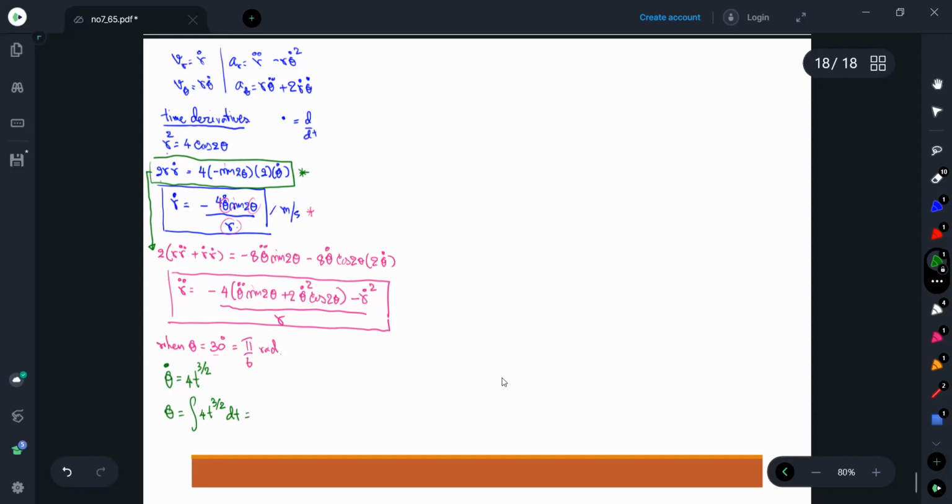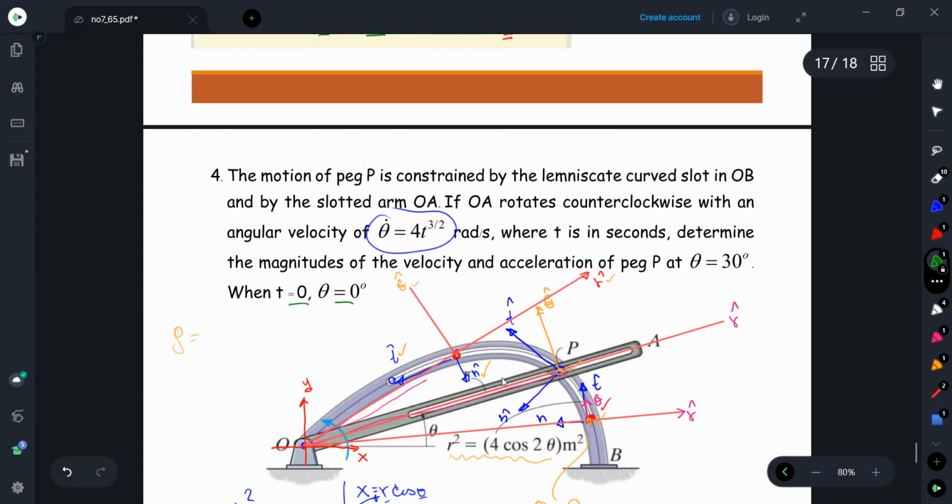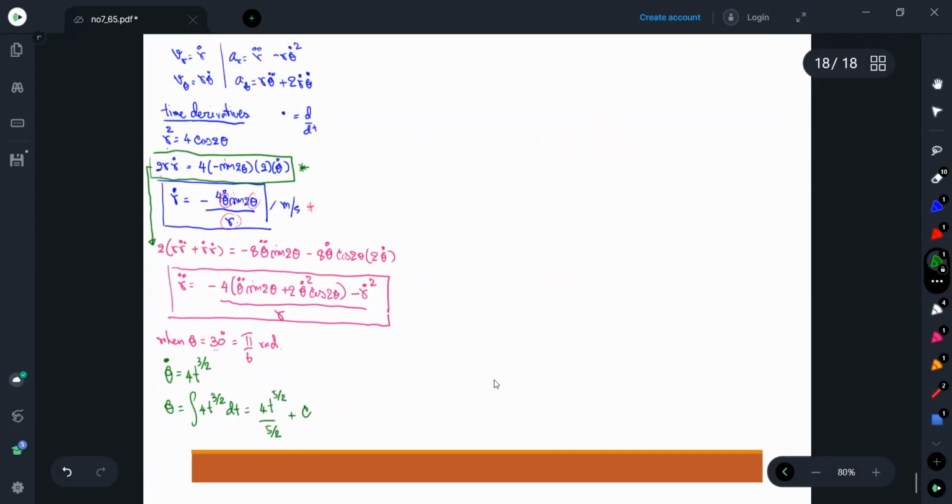After completing the integration, we get t to the power 5 over 2 over 5 over 2, plus c. But with the initial condition that when t equals 0, theta is 0, it means that c is 0.